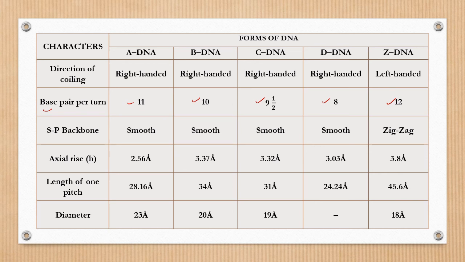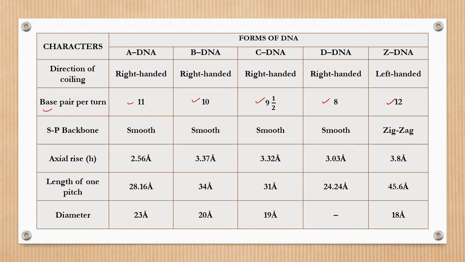Now, the sugar and phosphate backbone. In all the first four, A, B, C, D DNA, the sugar and phosphate backbone is arranged in a smooth, straight line, whereas in Z DNA it is a zigzag. So that Z indicates the zigzag.